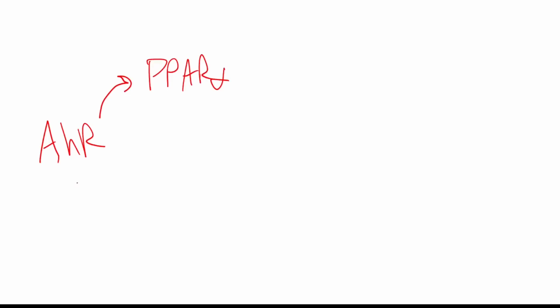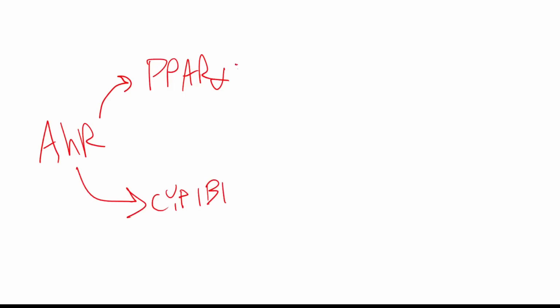And so for all you real nerds who really want to see what's happening, here's how this all works. So the AHR actually is the transcription factor that activates both PPAR alpha and CYP1B1 that I just showed.